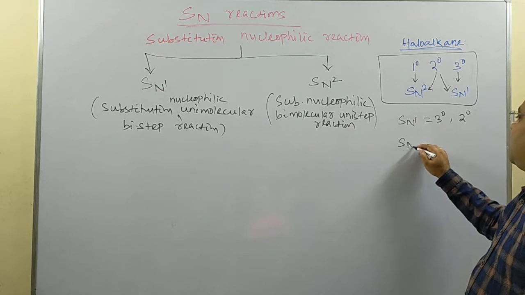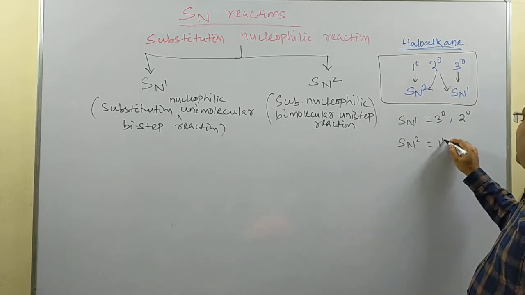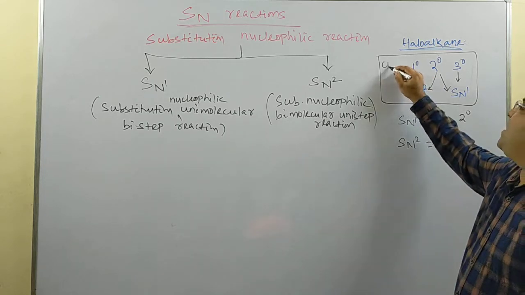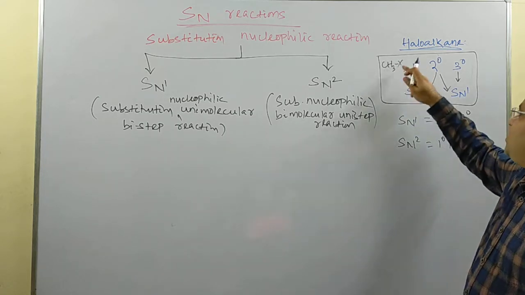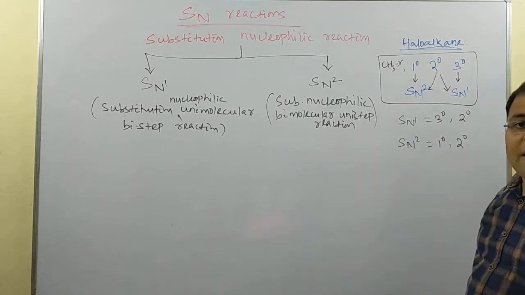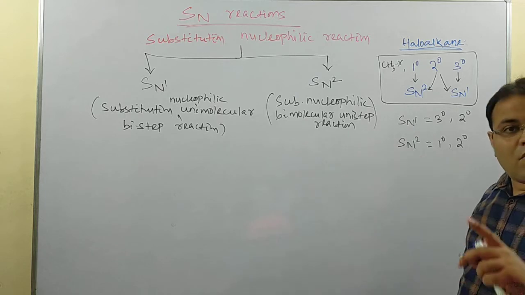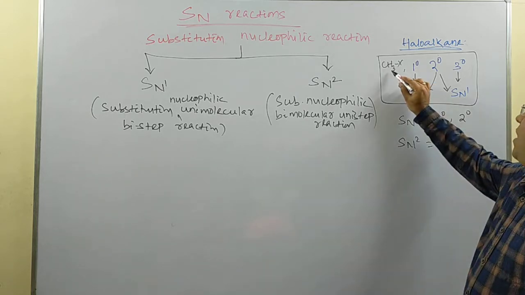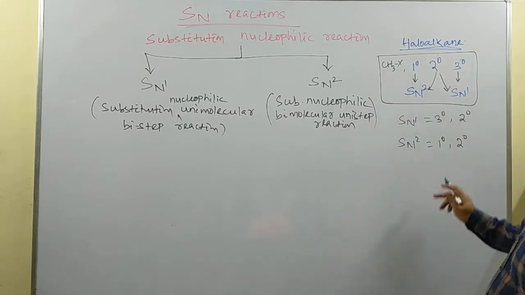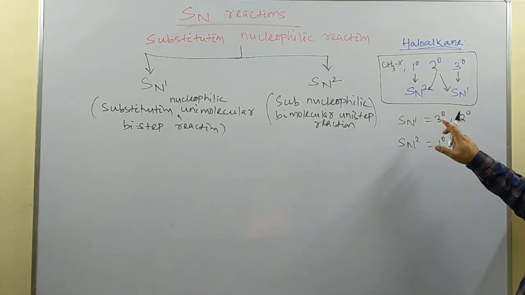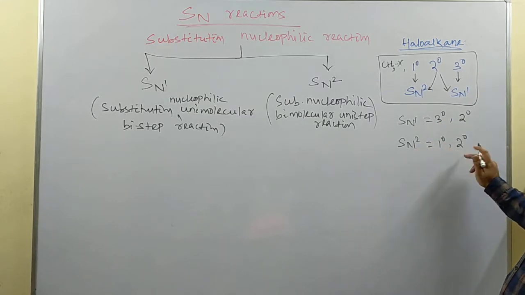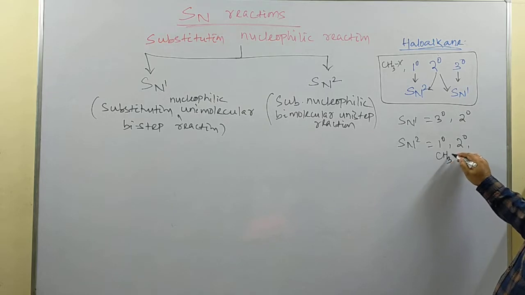SN2 reaction will be given by 1 degree and 2 degree. Along with that, methyl halide is close to 1 degree; methyl chloride and ethyl chloride are close to each other, so methyl chloride will show the same mechanism as 1 degree. So SN1 is shown by 3 degree and 2 degree, and SN2 by 1 degree and 2 degree along with methyl halide.